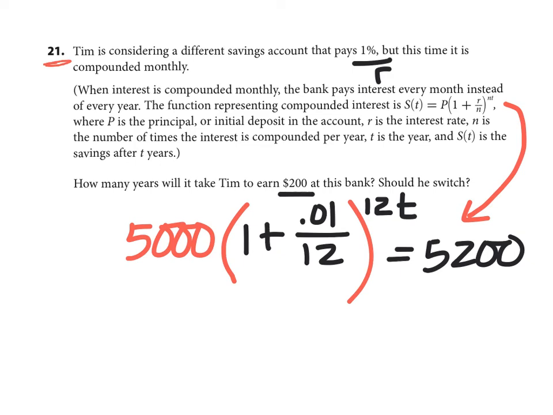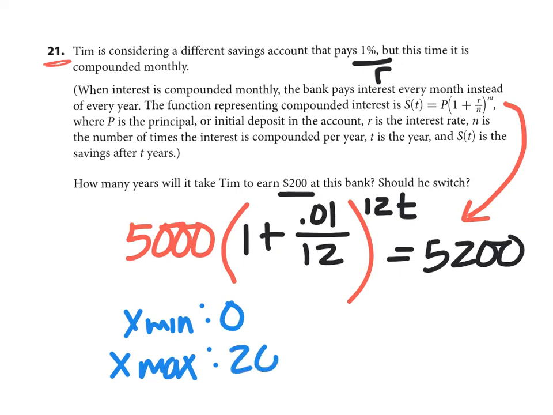Now, in this case, T or X here is time. So you want your X-min on your calculator to be 0. X-max, I have no idea how long it's going to take, but just to expand our time frame, I would probably go to like 20.